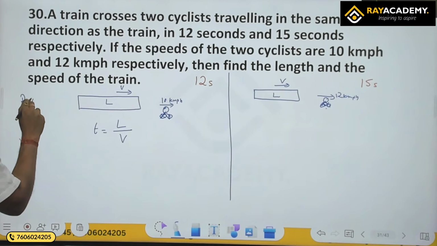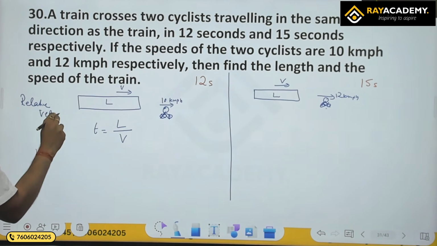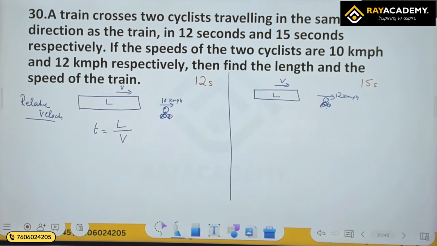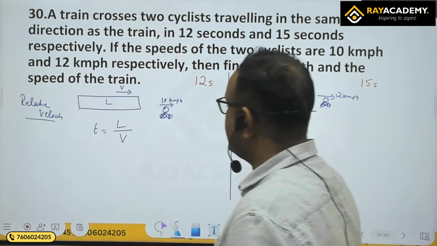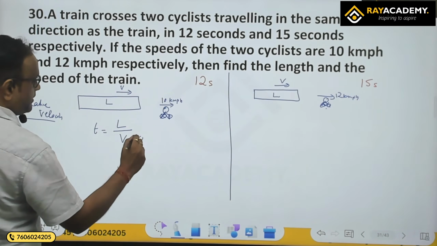In the same direction, relative velocity will be minus. So it will be V minus 10.